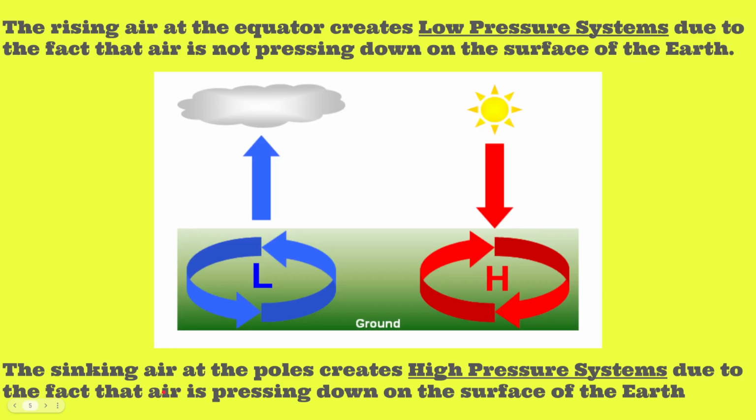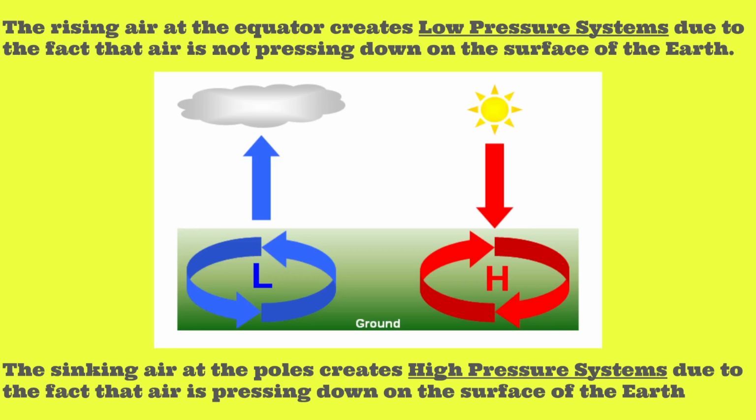So basically, we're going to talk about what we call a low pressure system and a high pressure system. The rising air at the equator, and don't forget that it's moving away from the equator, will create a low pressure system. The reason for that is because the air is not pressing down on the surface of the earth.